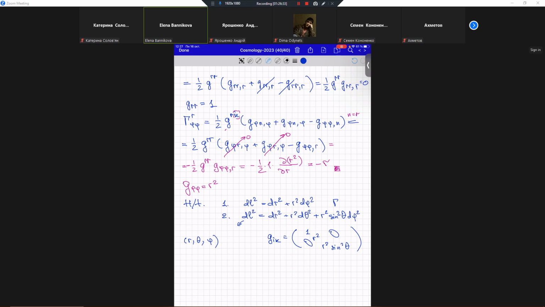Do you have some questions? Please find all the Christoffel symbols. As you understand, it will be not much, but more than for the two-dimensional case. Yes, but we have 27 of them. Yeah, but many of them will be 0, because due to the fact that you have a diagonal metric tensor, you can immediately see that many of them will be 0.